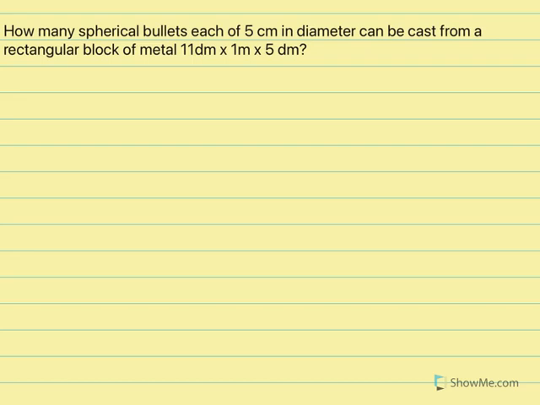How many spherical bullets, each of 5 centimeter in diameter, can be cast from a rectangular block of metal 11 decimeter, 1 meter, and 5 decimeter? So in this sum we have a rectangular block, and this rectangular block is made into these small spherical bullets.